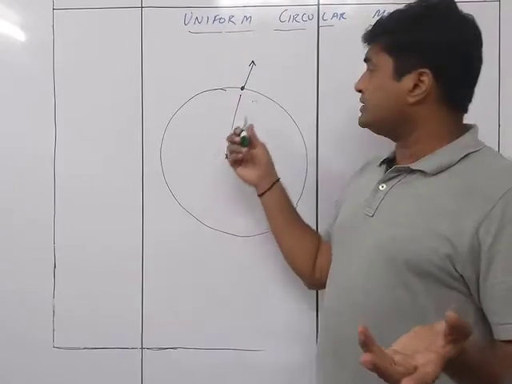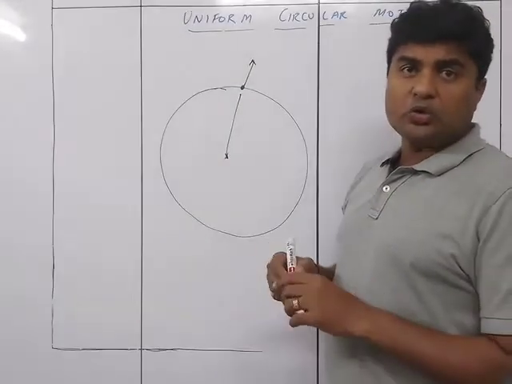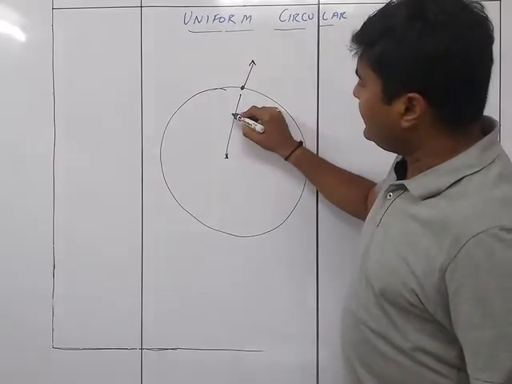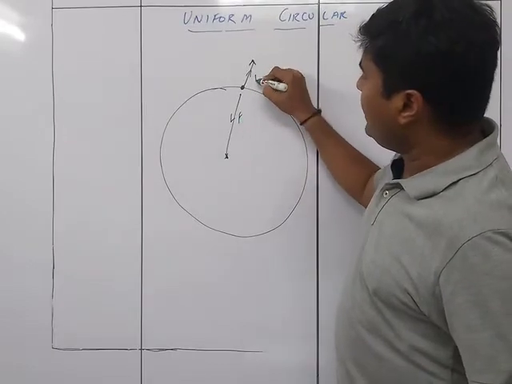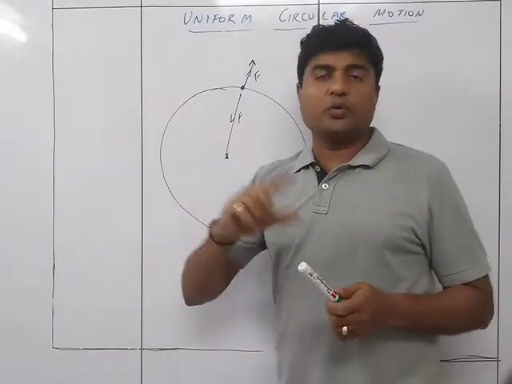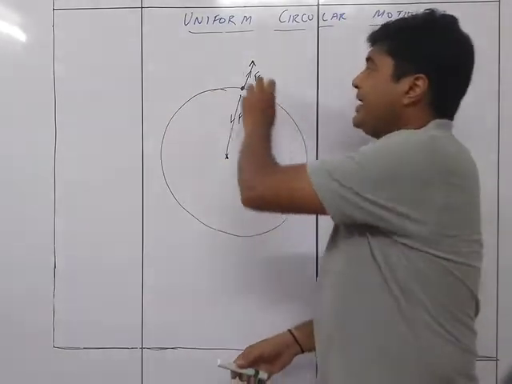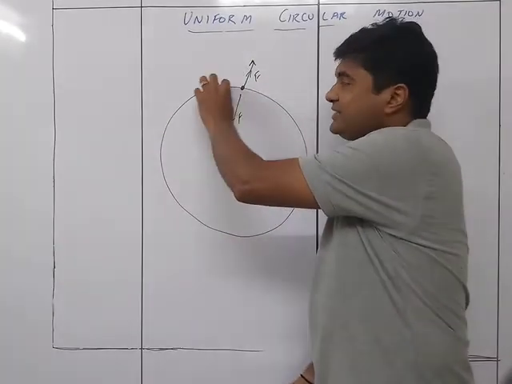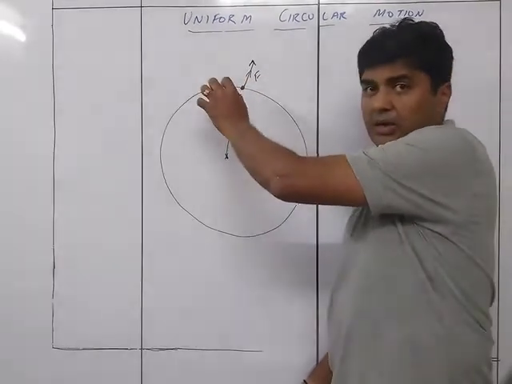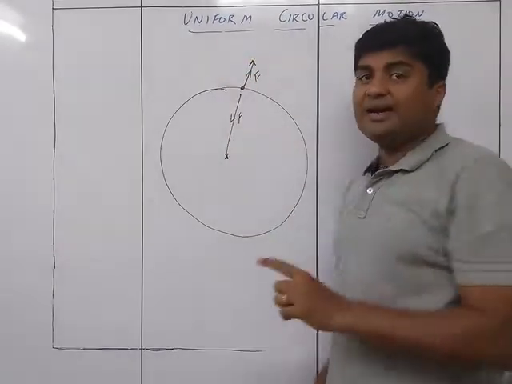It will be the same as the one which is acting over here. So if this is F, then this should also be F, because both are in such a way that it is in equilibrium, and it is dynamic equilibrium, and it is traveling in a simple path, because this force and this force are equal.